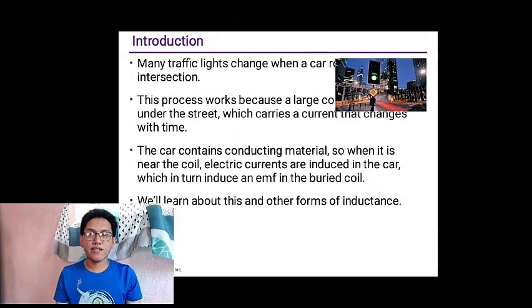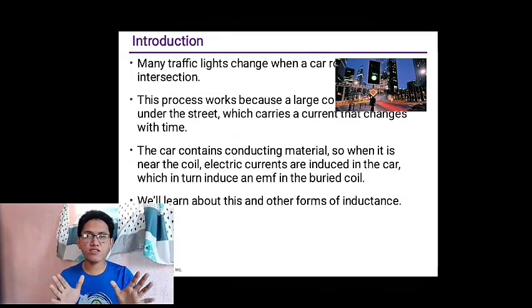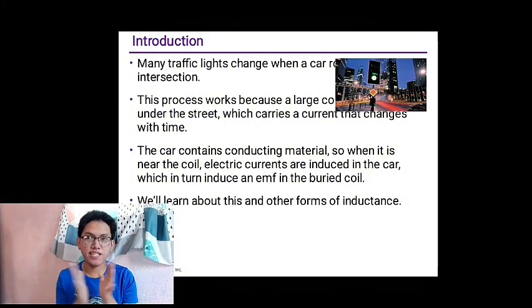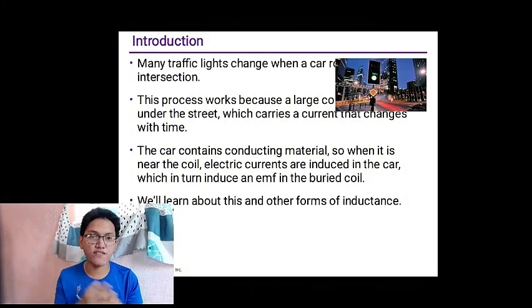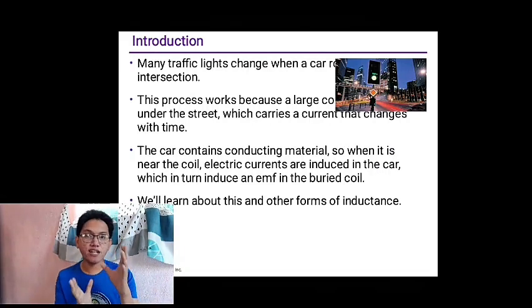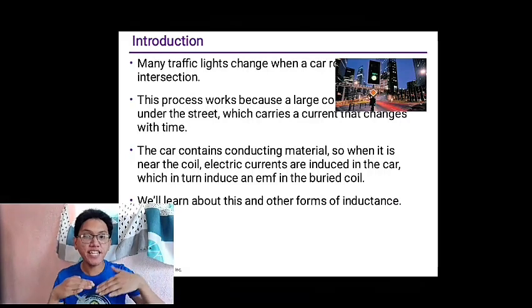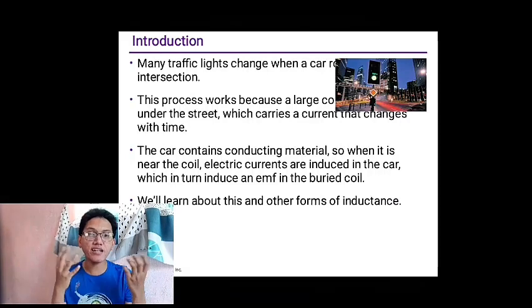To introduce inductance, consider traffic lights that change automatically when a car approaches an intersection. That is a good example to introduce this topic. Under the road, there is a large coil of wire that carries a current which changes with time. When a car, which contains conducting metals, moves near the coil, electric currents are induced in the car.